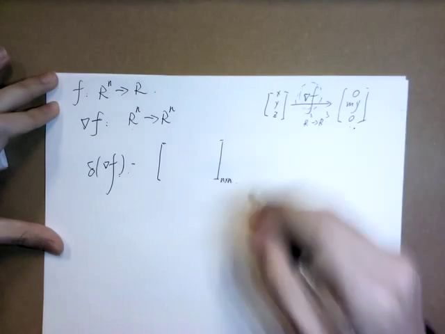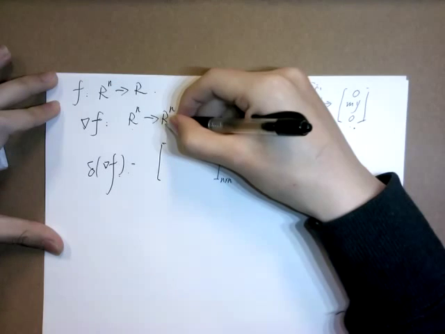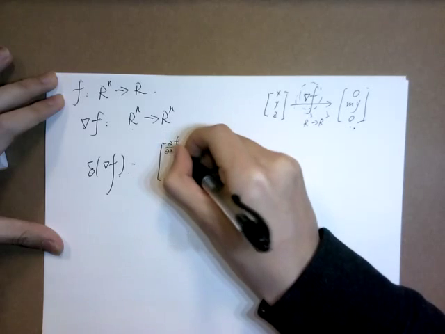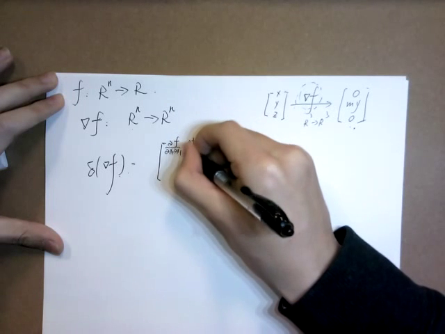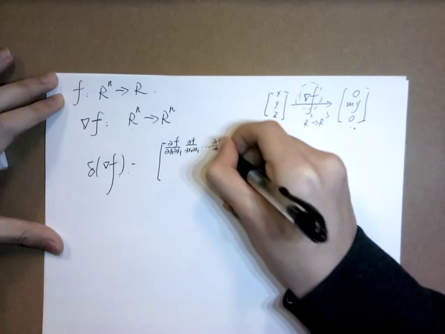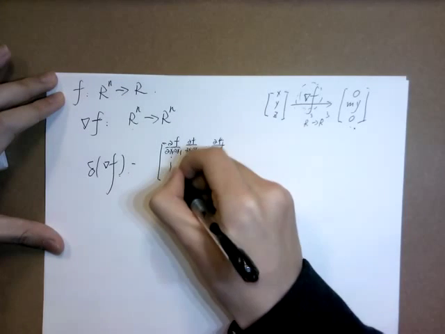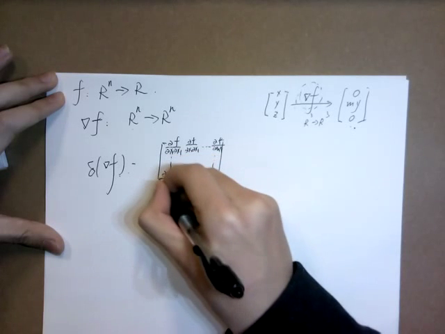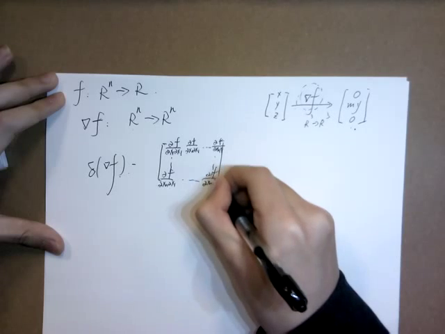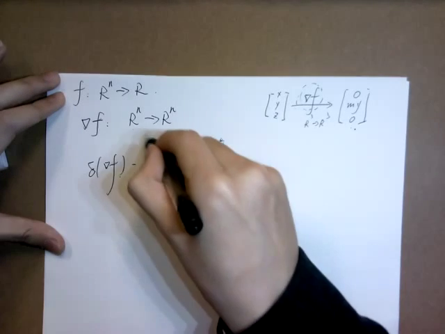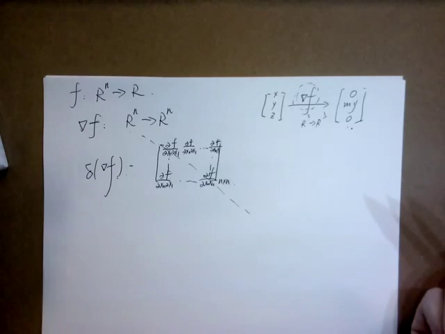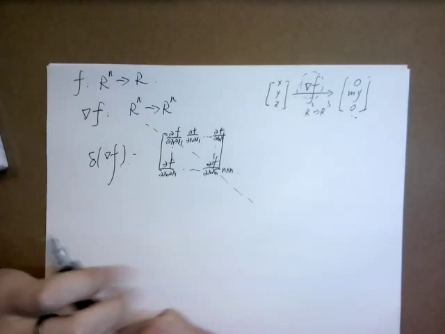If I expand the gradient and write it down, it will be partial f, partial x1, partial x1; partial f, partial x2, partial x1; and so on, down to partial xn, partial xn. It will be a symmetric matrix, because the order of taking the gradient doesn't matter, usually, if the function is second order continuous.